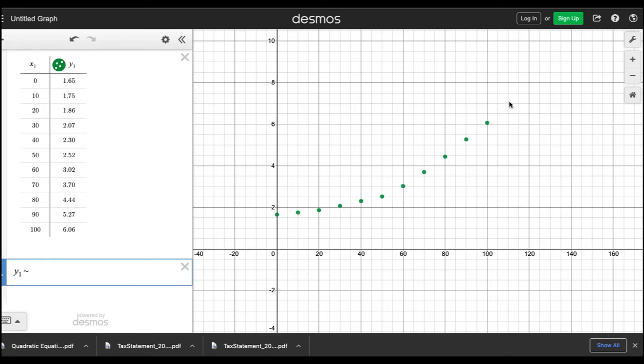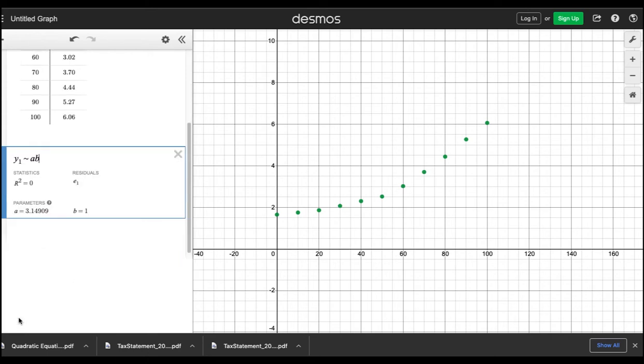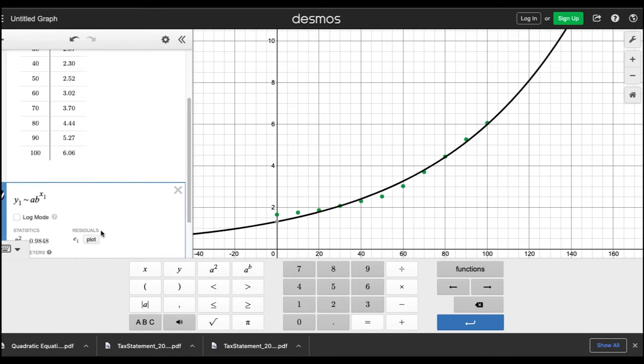And so we would figure out what an exponential growth function looks like. It's a times b to the x power. And so this x that we're dealing with is x sub 1. Excuse me. So I'm going to do that. And what I see is that I get somewhat of an answer here.